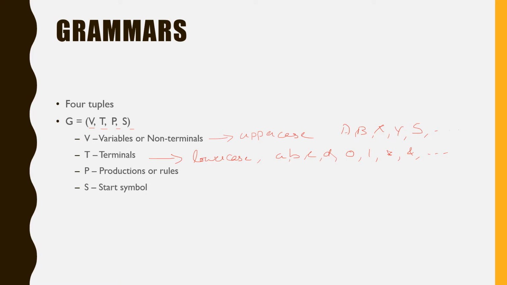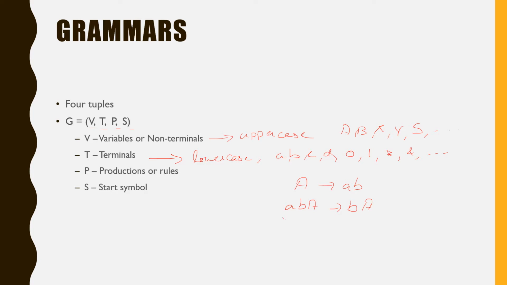And productions or rules define the format by which a grammar should be written. Using these terminals and non-terminals, I can frame productions like A derives AB, or I can write ABA derives BA, and so on.